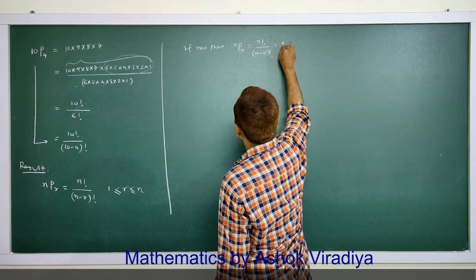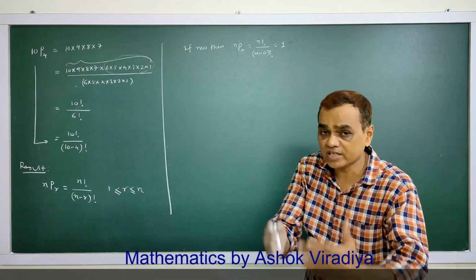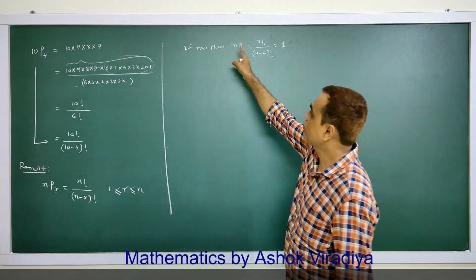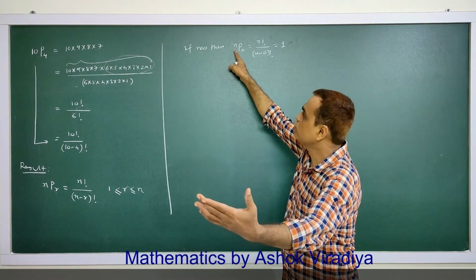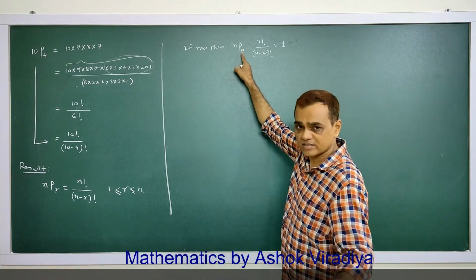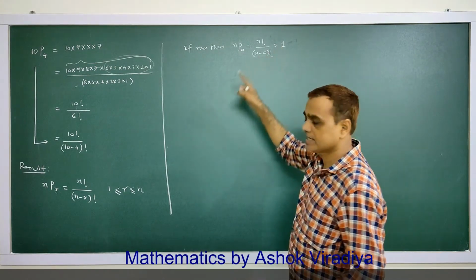So this is 1. nP0 is 1. That means if n objects are given, out of the given n objects you don't want to arrange anything, it can be done in one way.